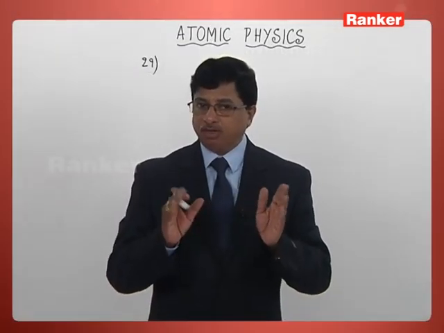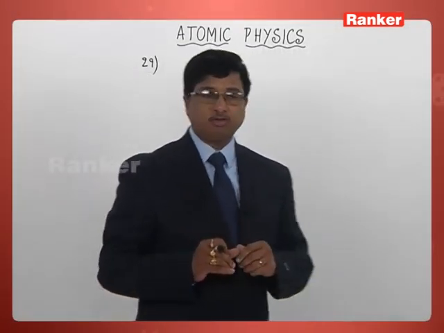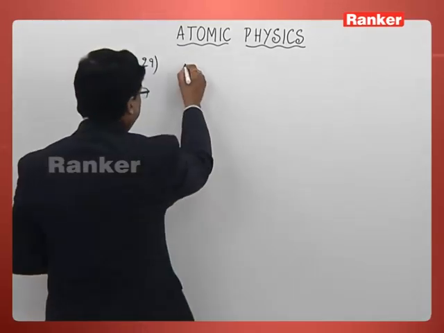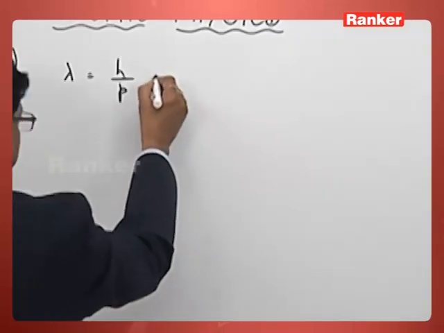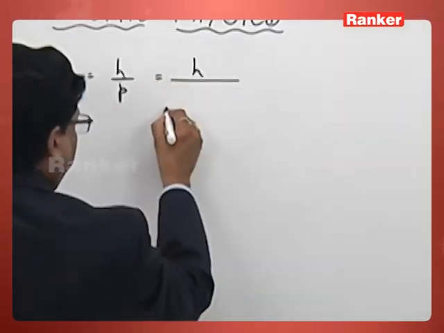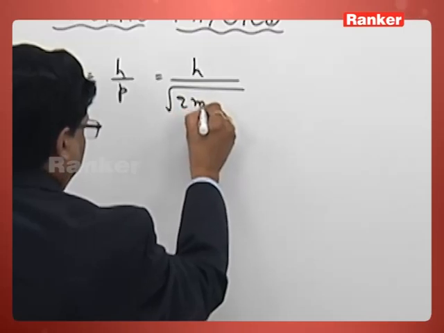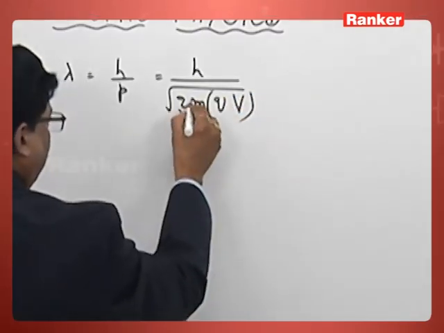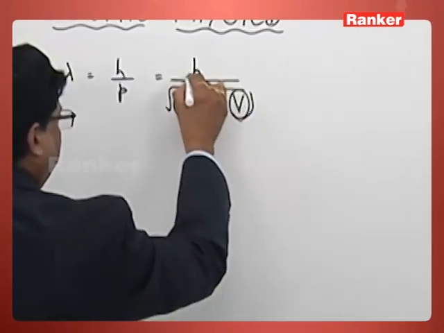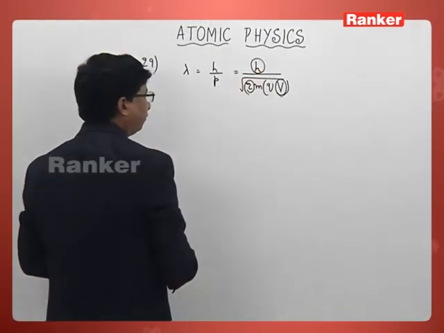Same potential difference he is giving. So what we should once again understand is lambda is equal to h by p. The same can be rewritten as h by under root 2m into qV. Now look at it: 2 constant, V constant, h constant.